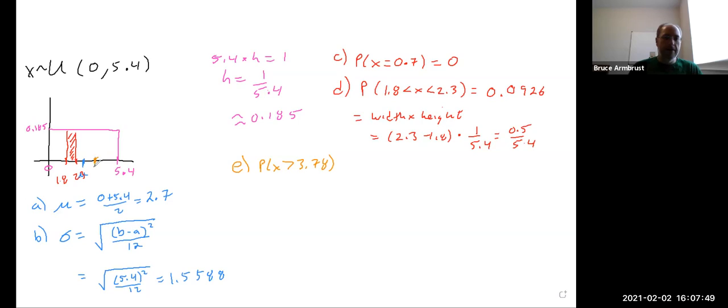If we're going to be waiting more than that, that's in here. And so I need to know the area of this rectangle. Again, it's going to be width times height. Its width is going to be 5.4 minus 3.78 because those are the bounds on this interval. And the height, again, is that 1 over 5.4.